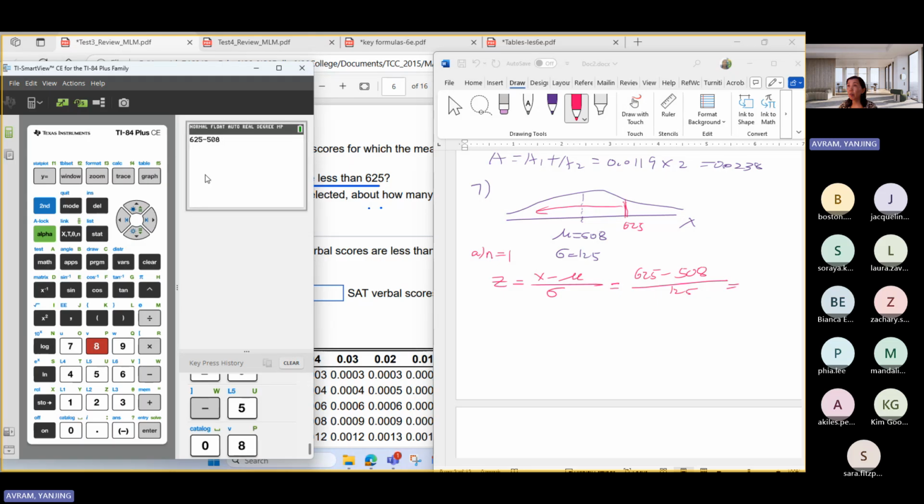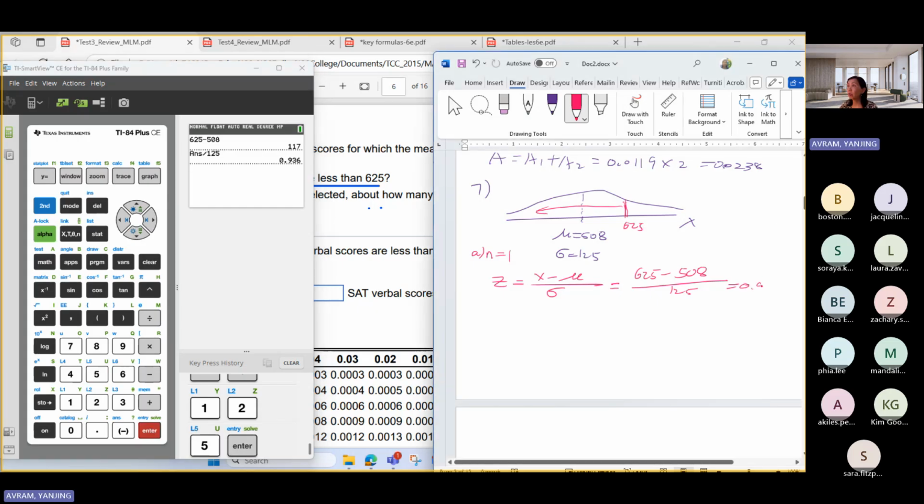Since I forgot a parenthesis in the numerator, I'm going to hit enter first so I don't have to use the parenthesis, and then I just divide this answer by 125. So it's 0.94. Round to 2 decimal places because that's how we read the table.